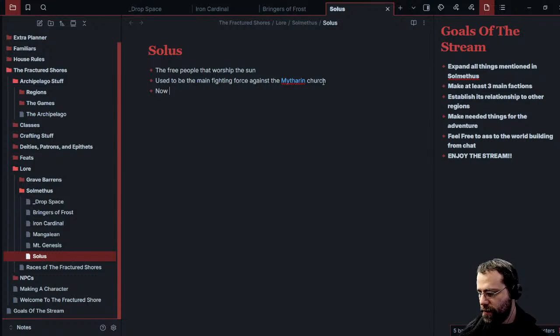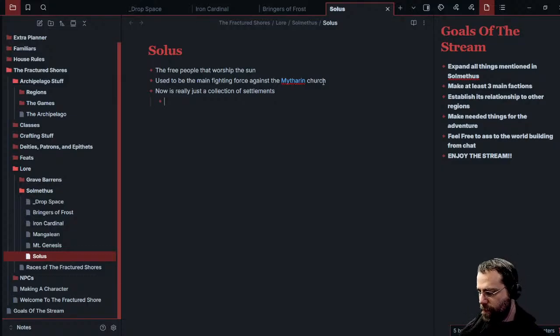Now is really just a collection of cities, a collection of settlements.